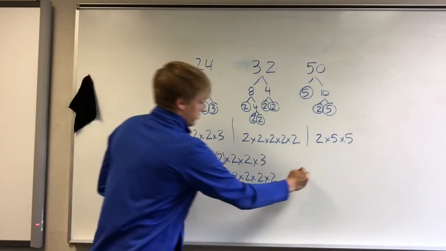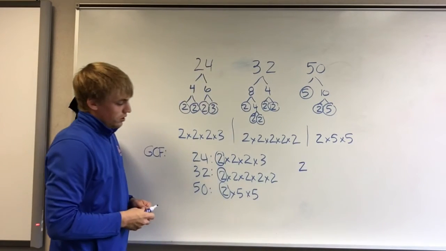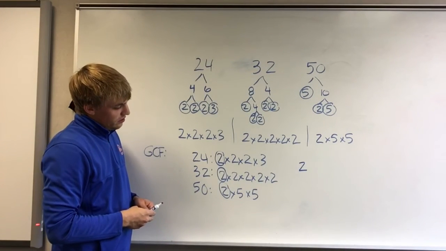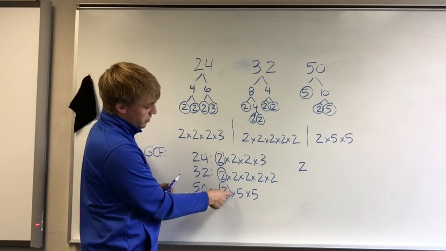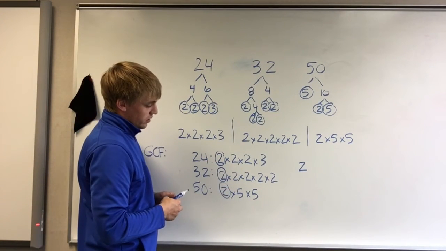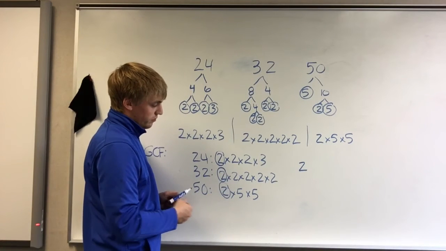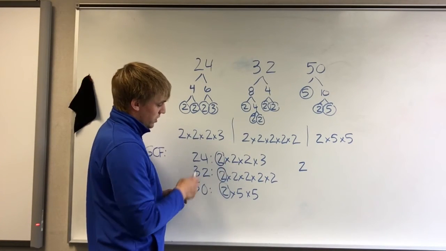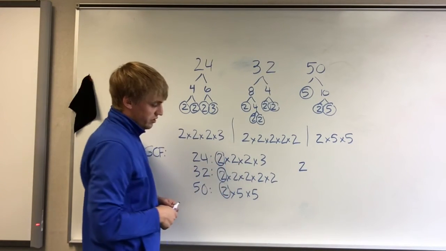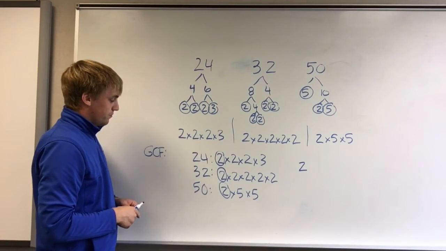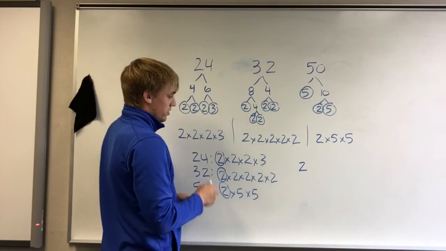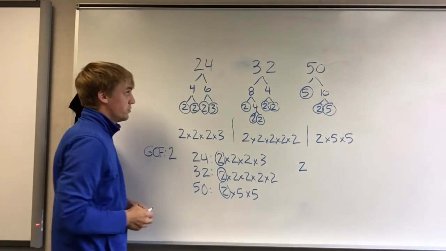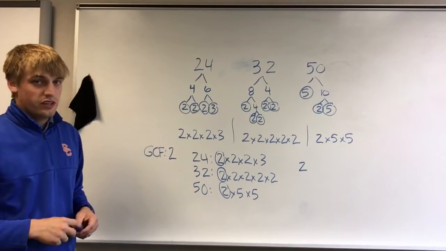And they don't have anything else that shows up in all of them. These two have more 2's, but there's no more 2's left here. And this has a 5, but there's no 5's in the other ones. And 24 has a 3, but there's no 3's in the other ones. So the only factor that they have in common is the 2. So our greatest common factor between 24, 32, and 50 is 2.